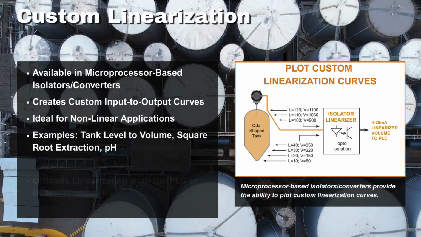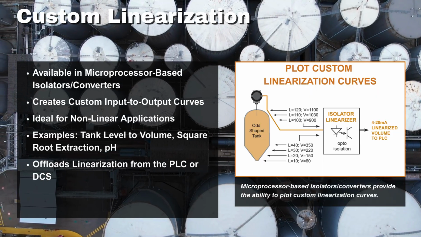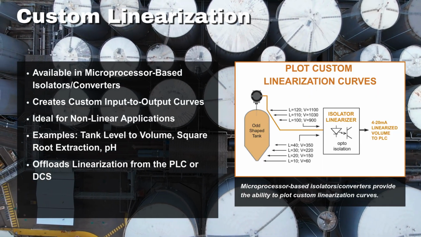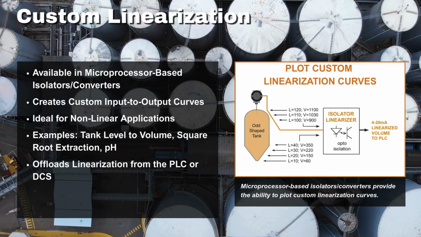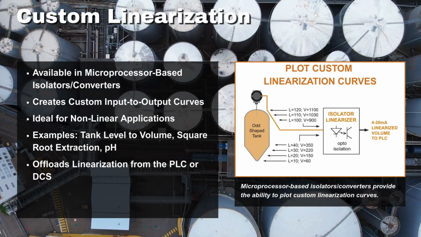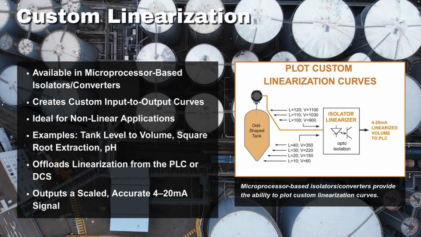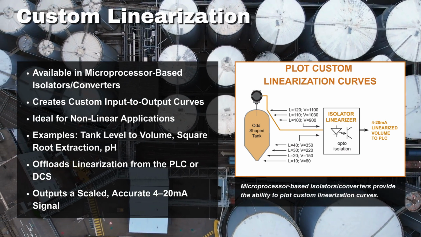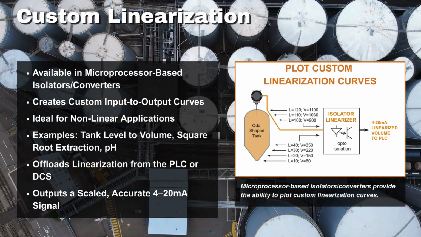Instead of relying on an overloaded PLC, the isolator handles the linearization directly. By entering strapping data or curve points into the PC configuration software, the isolator outputs a scaled 4 to 20 milliamp signal that accurately represents the real process value.